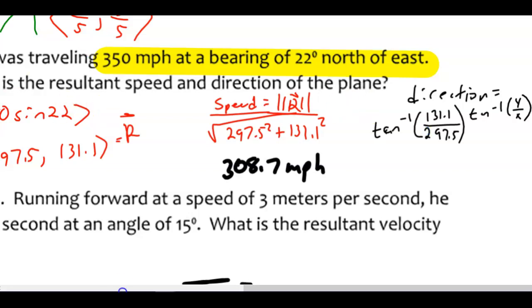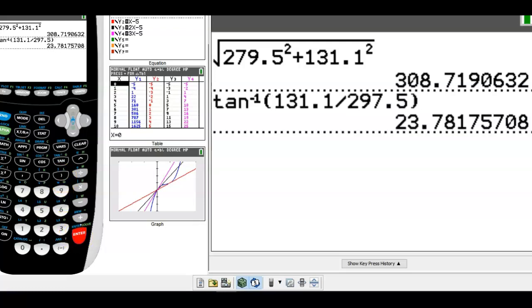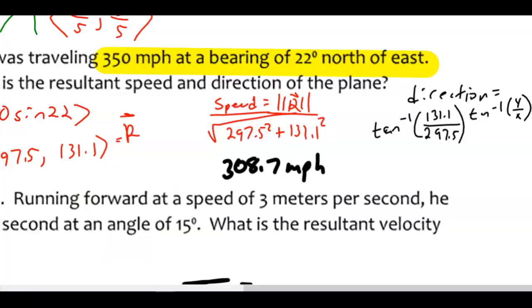Let's go to the calculator. 131.1 divided by 297.5, and we get 23.8. So 23.8 is going to be our angle.